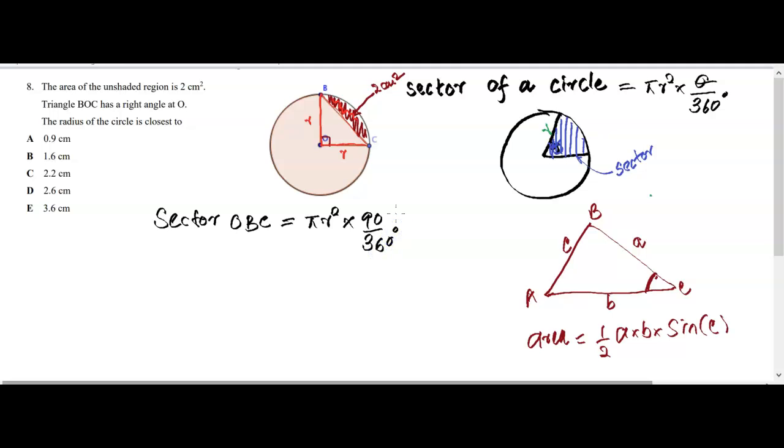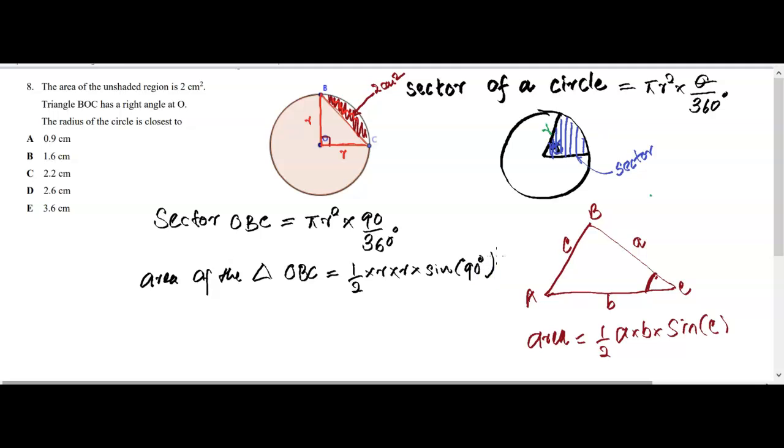And then the area of the triangle OBC is equal to half times r times r, those are the two sides, and then sine 90, that is the included angle.